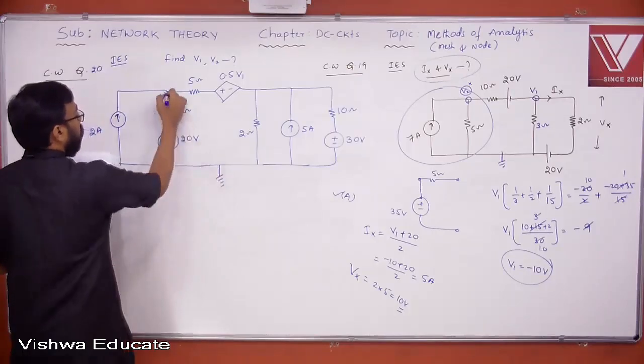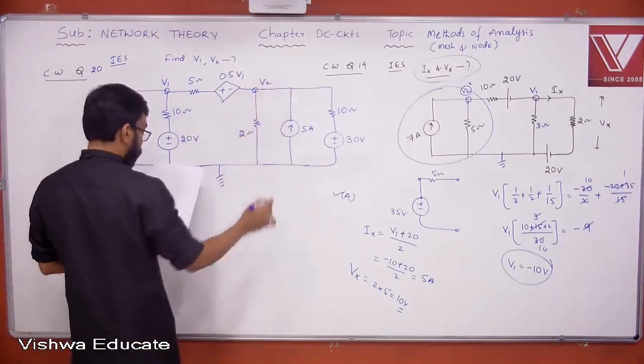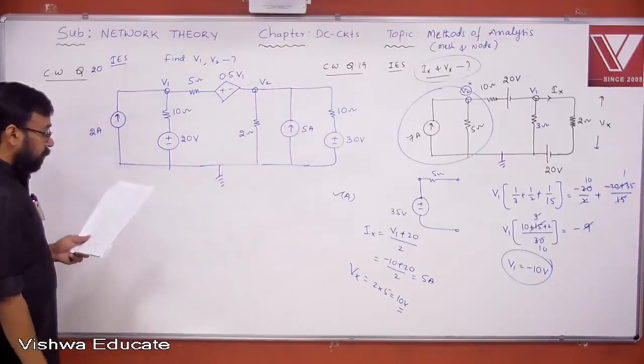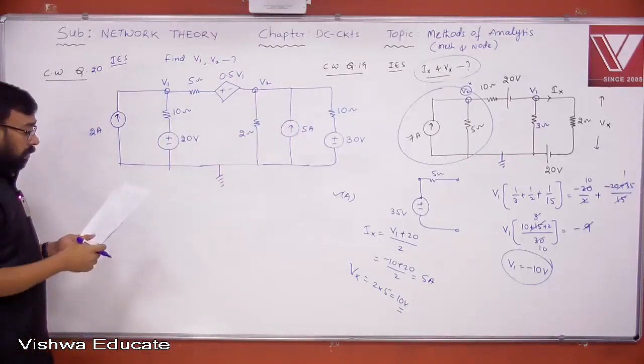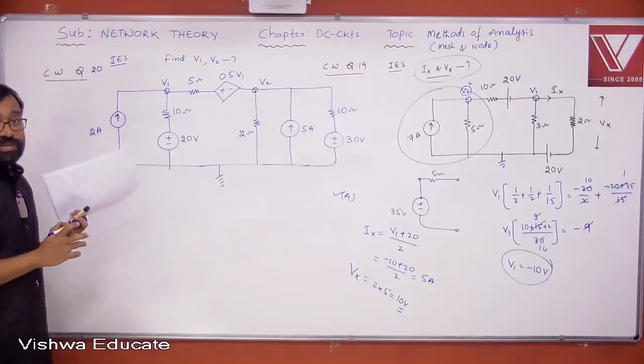Already defined, this is 0, this is V1, this is V2. Asking V1, V2 values.